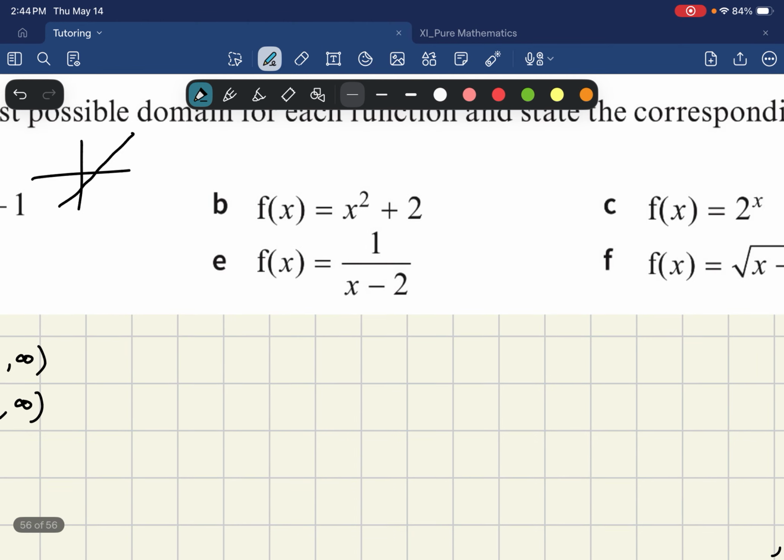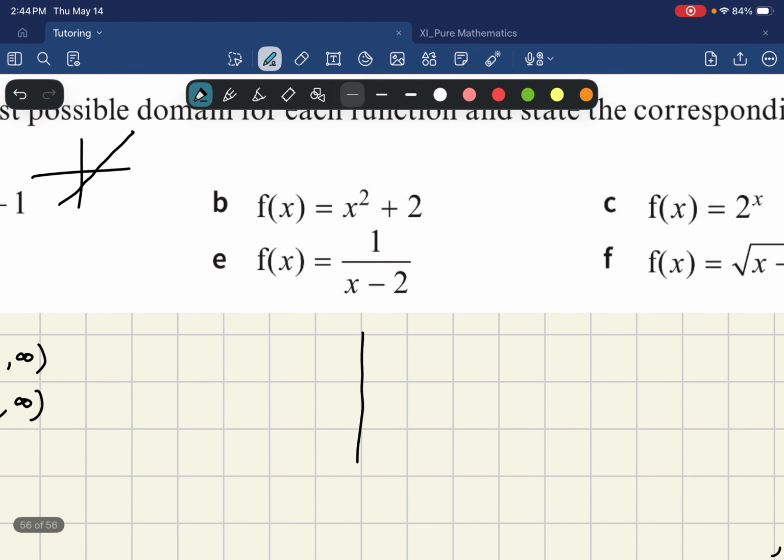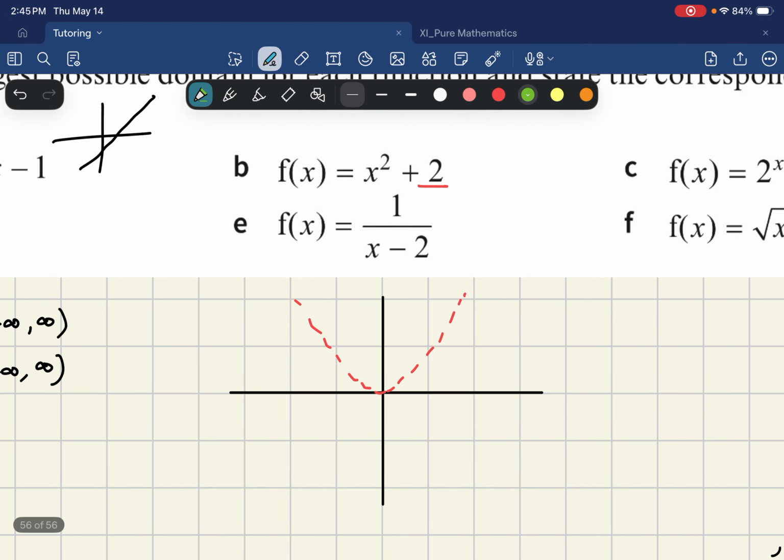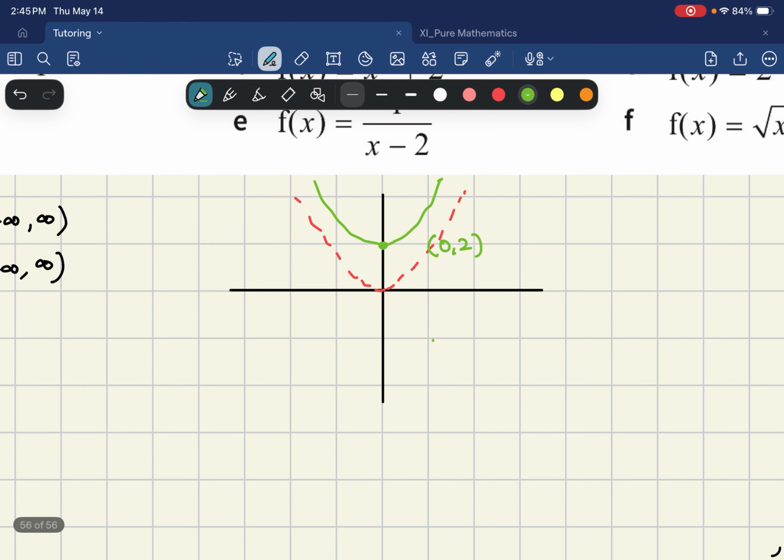Now part 2 is a quadratic function, right? You can visualize the graph. So you start with y is equal to x squared, you draw it something like this, and this tells you to shift it 2 units up. So your graph looks something like this. So your vertex is at 0, 2. So your domain is that your x can be any real value.